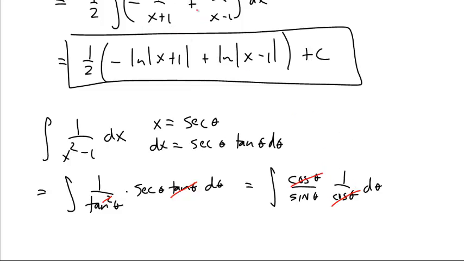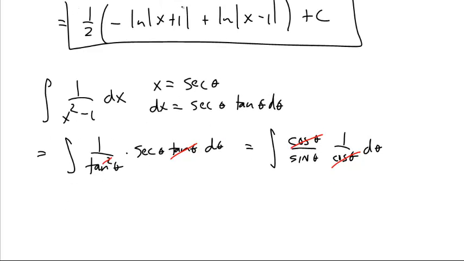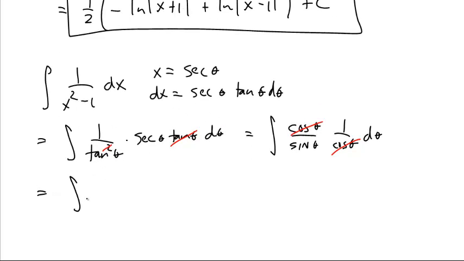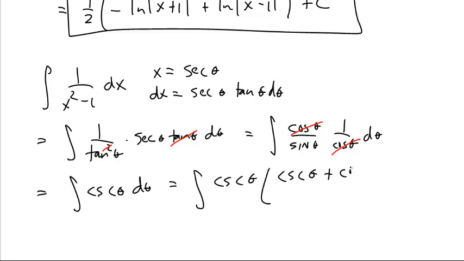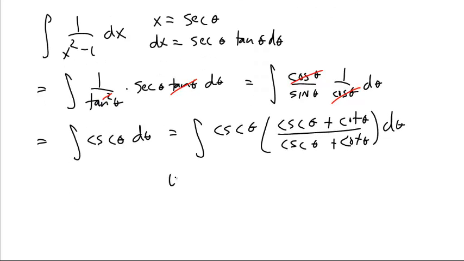I'm beginning to think that this is not better. 1 over sine is cosecant. Cosecant of theta d theta, and you probably have no idea, but if you take the cosecant of theta and you multiply it by cosecant of theta plus cotangent of theta over cosecant of theta plus cotangent of theta d theta, does this work the same way?